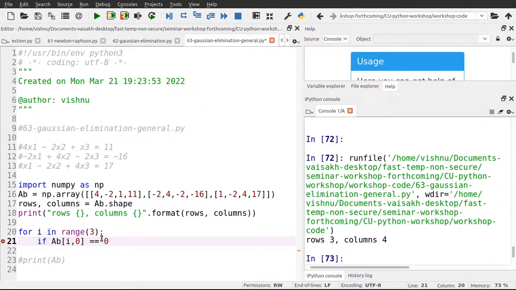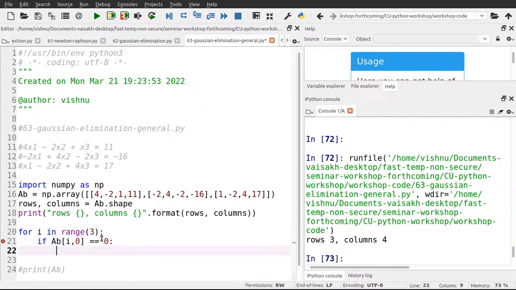So we need to check, we need to interchange with the second one. If the second one is non-zero, we need to interchange with the third one if the third one is non-zero, and we need to go on like that.